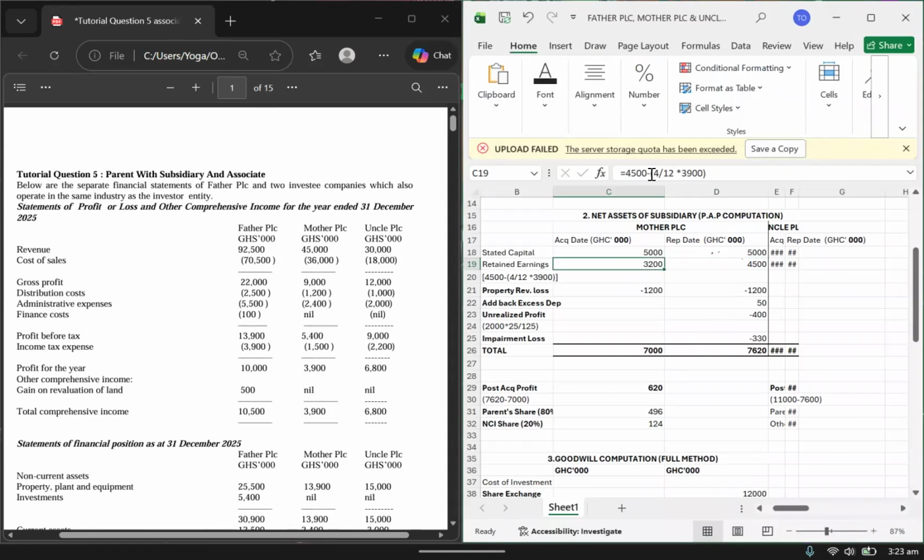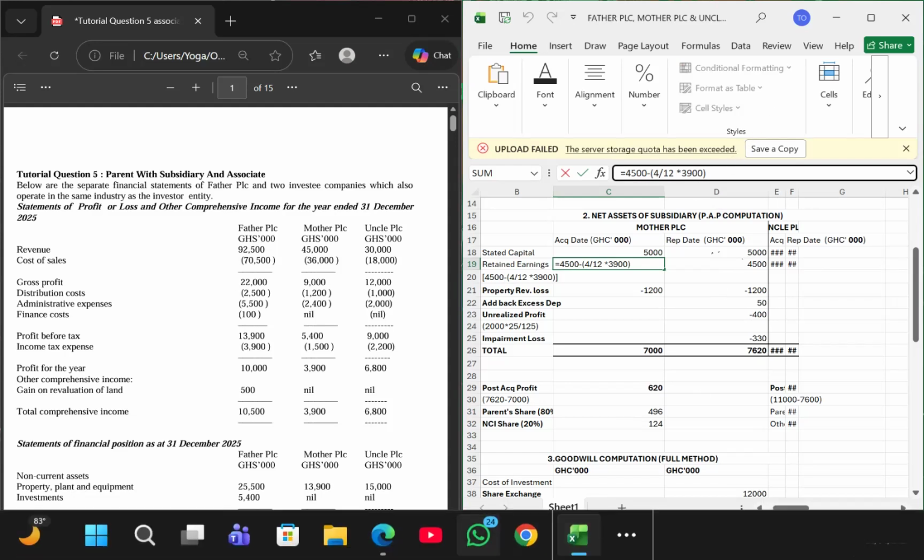So this is what I did here. The 4,500 is the retained earnings at reporting, sorry. The 4,500 here. Then I subtracted 4 out of 12 times 3,900.